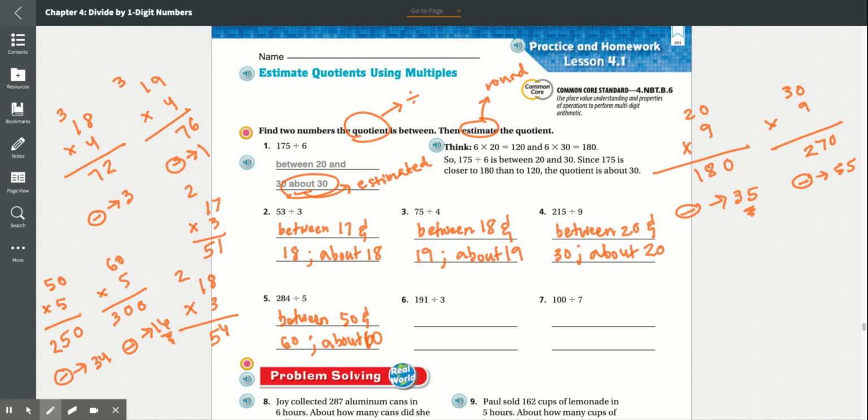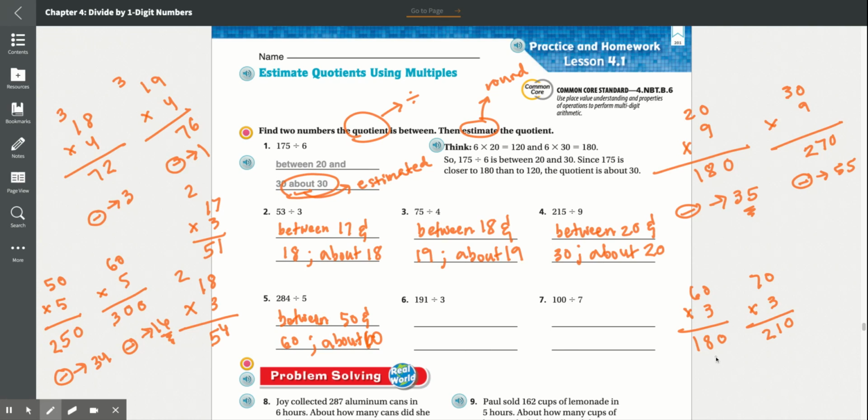Number 6, 191 divided by 3. So we can say that that is 60 times 3 and 70 times 3. So it's 3 times 0 is 0, 6 times 3 is 18, so it's 180. And then 70 times 3 is 3 times 0 is 0, 3 times 7 is 21.